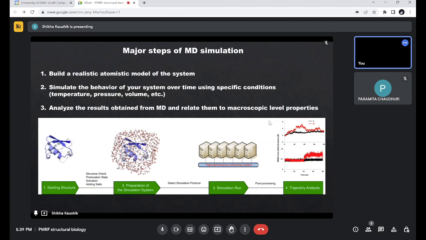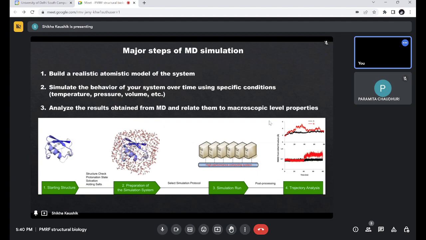If you are trying to make a portrait of a person, you have to understand what your subject looks like. Likewise, when simulating a system, you have to understand the realistic aspects of that system. Then only can you make a model of it.